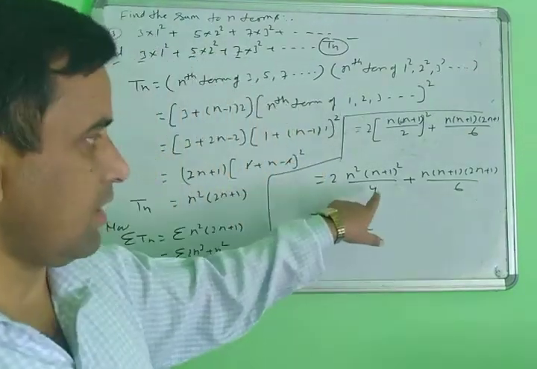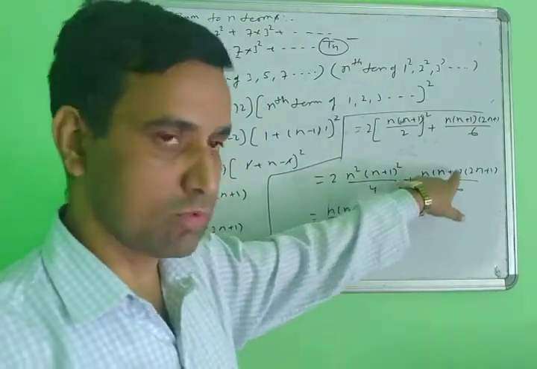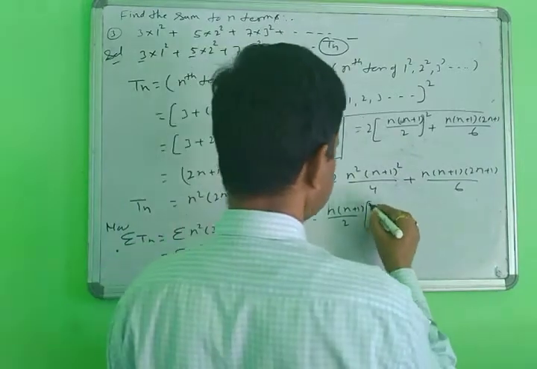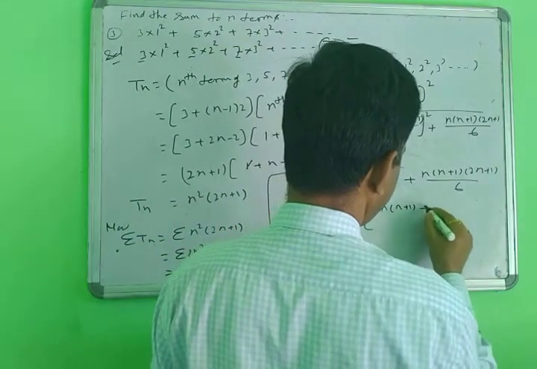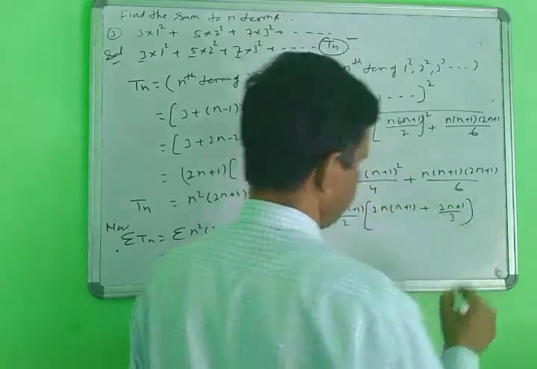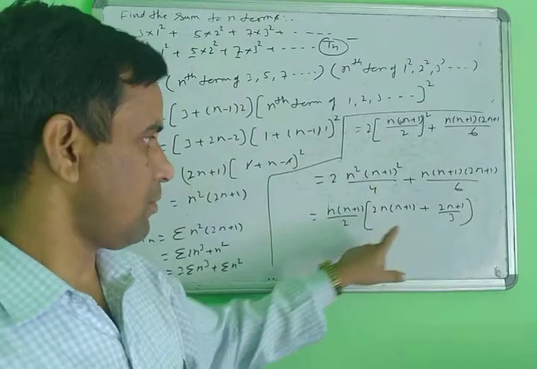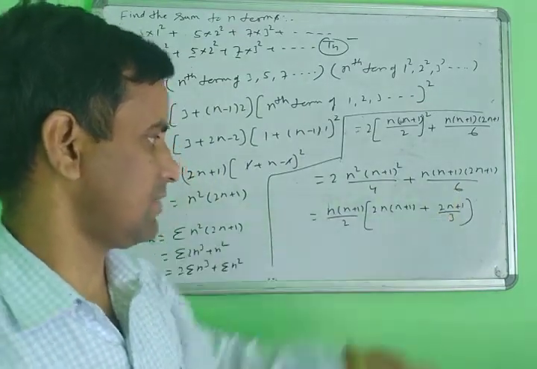What is common here? 2 is common, and second n plus 1 is common. So take it out. What is left here? 2n plus 1 is left here, plus 2n plus 1 upon 3. Taking n plus 1 common, 2 upon 2, 3 here is 6, so 3 is left.